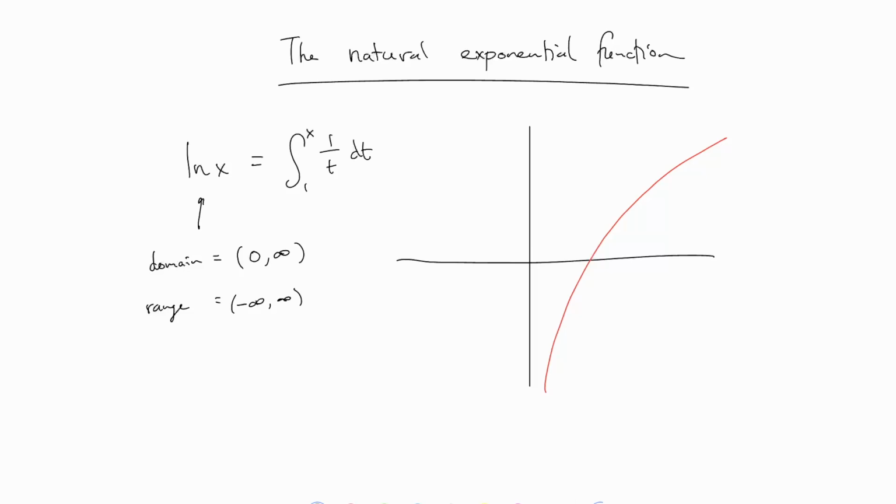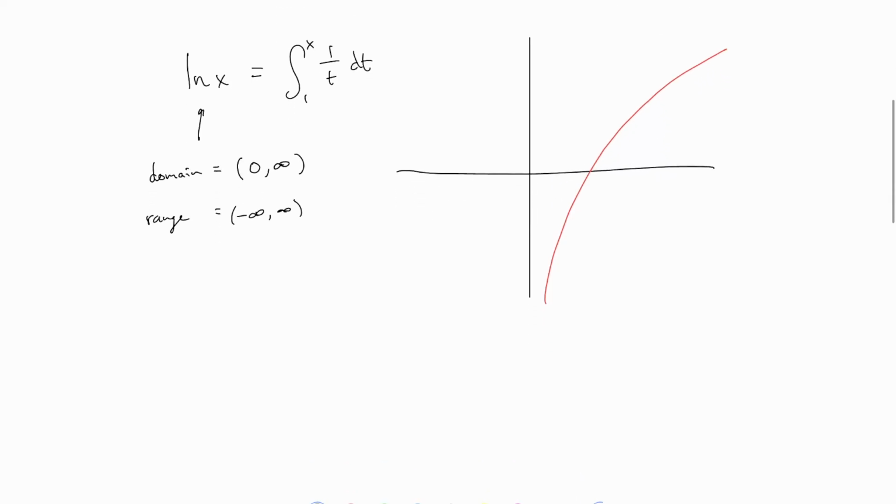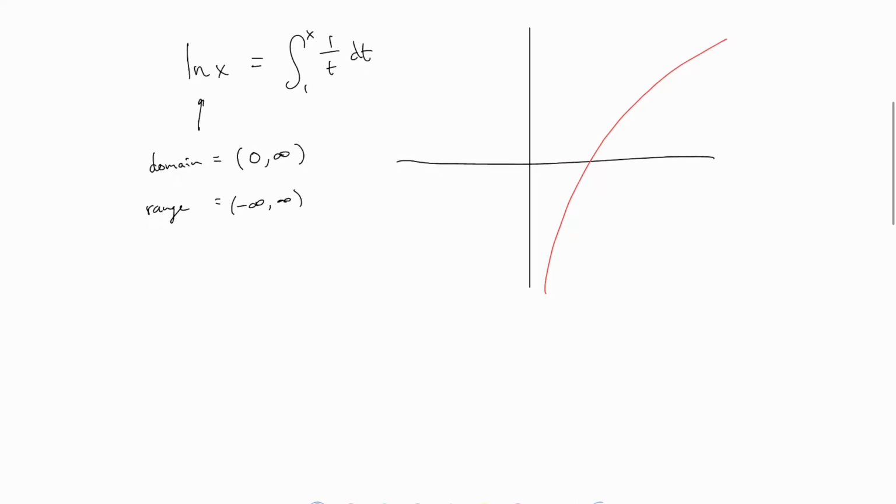All right. What's the definition of the natural exponential? I'm going to define it to be the inverse, as a function, of ln x. I hope you all know what the inverse of a function means. Sorry, I'm going to rearrange my words.